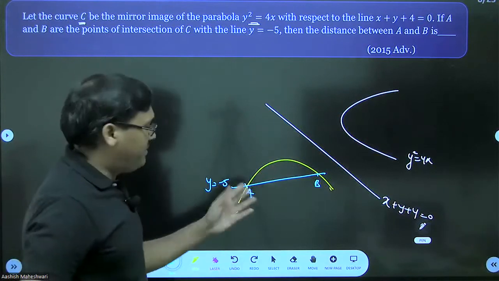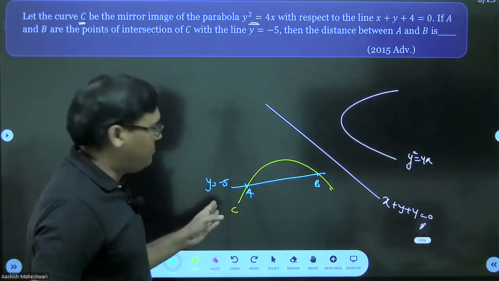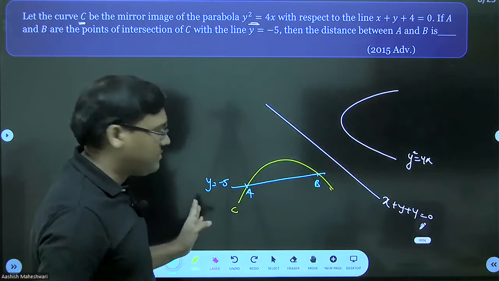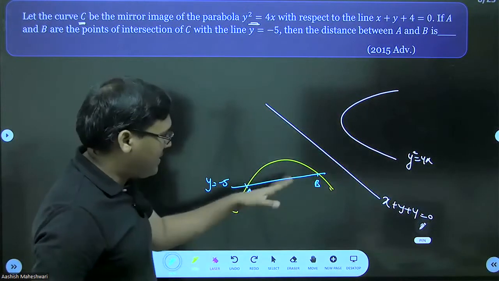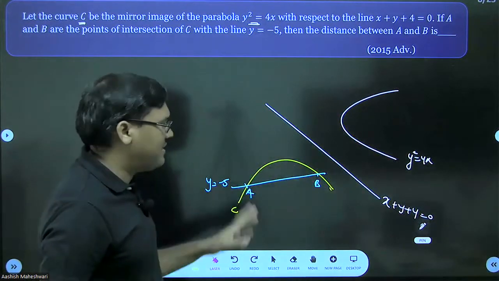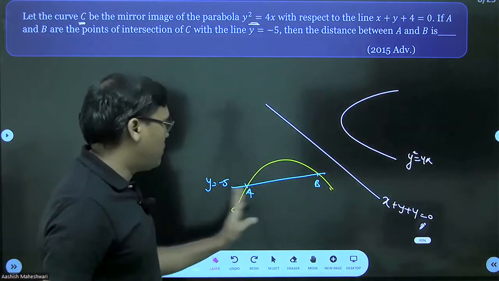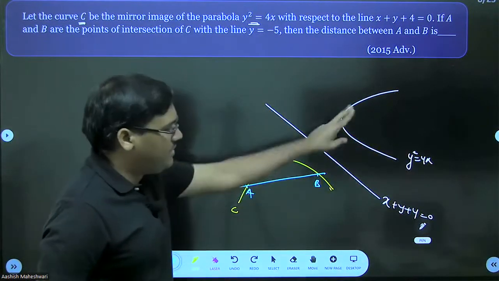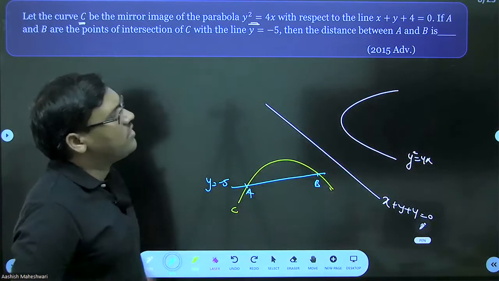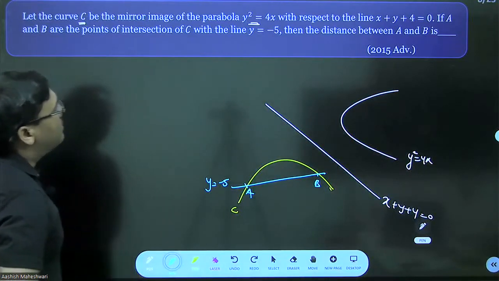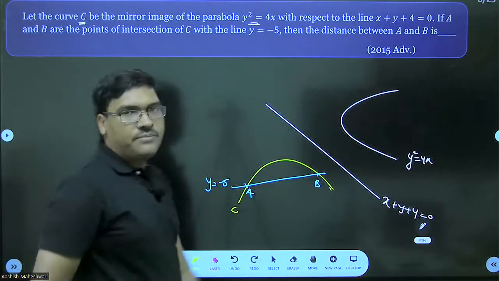In fact, this y is equal to -5 will be parallel to the x-axis, correct? But in the diagram we have drawn a rough sketch, so you can just understand that this is the line y is equal to -5. These are A and B. We have not drawn it on the coordinate diagram here. Now we have to find the distance between A and B.